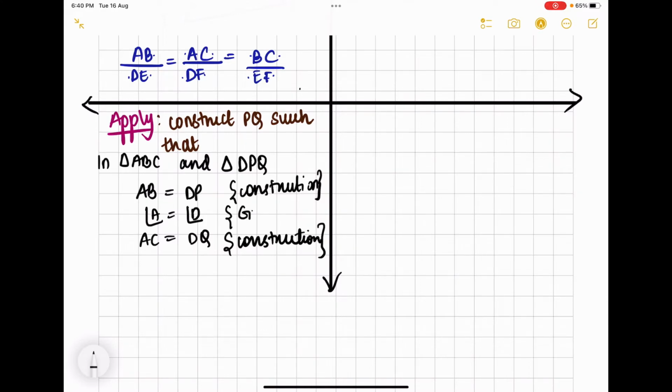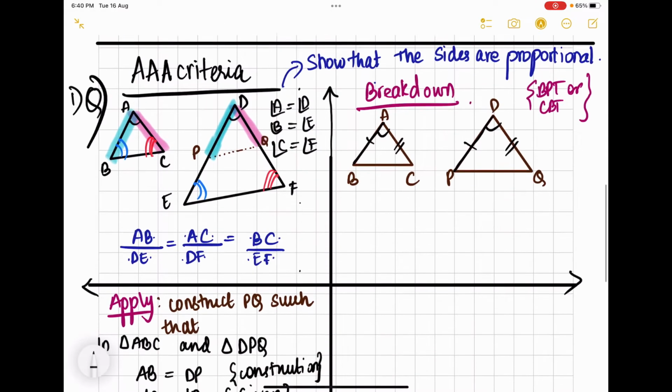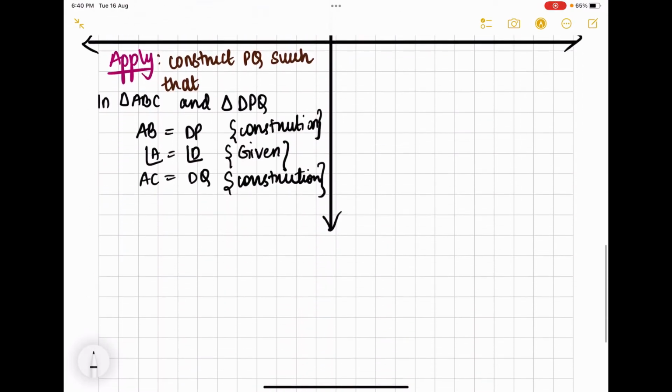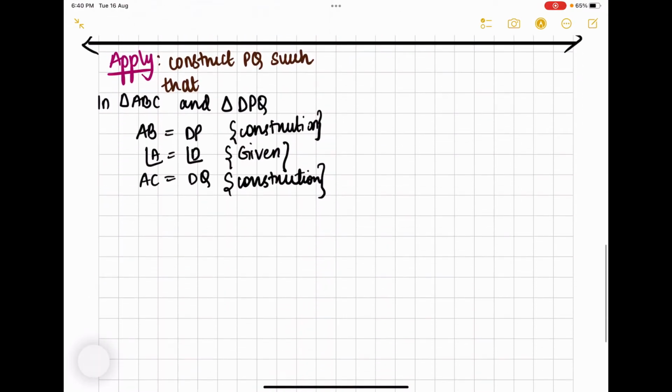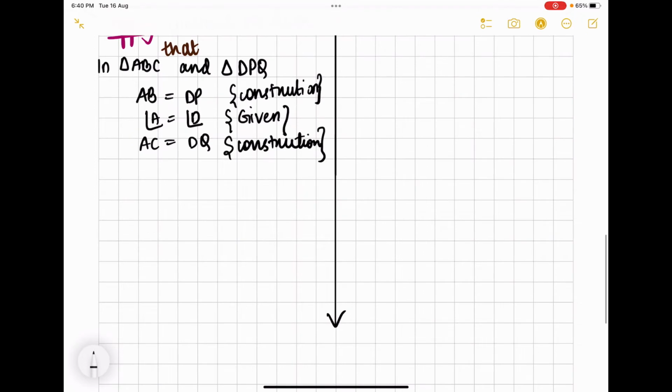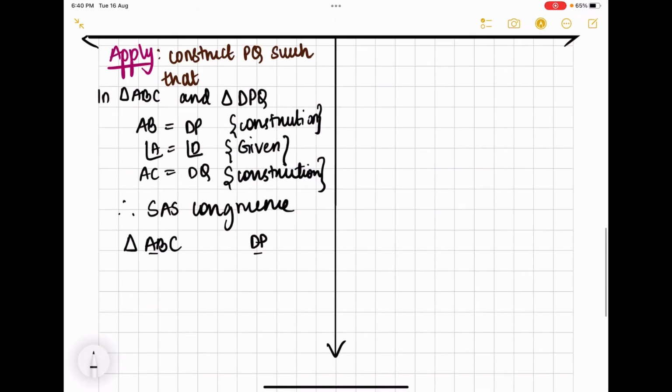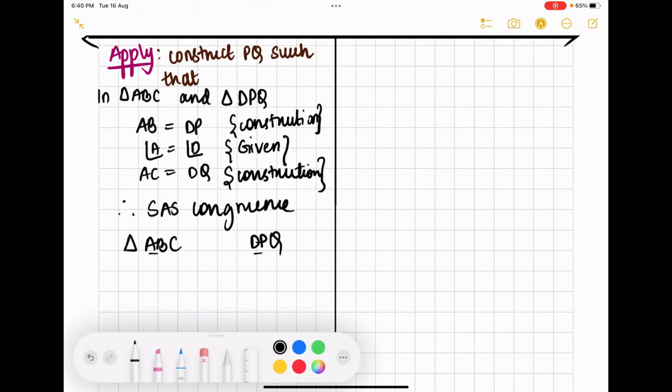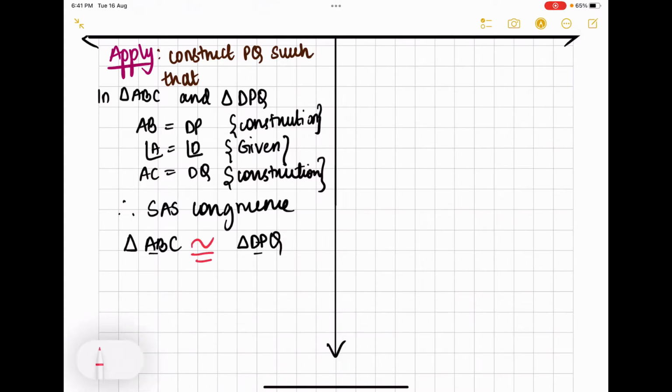Therefore, by SAS congruence, triangle ABC and triangle DPQ are congruent to each other.